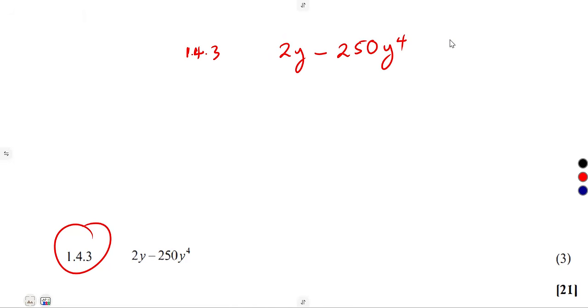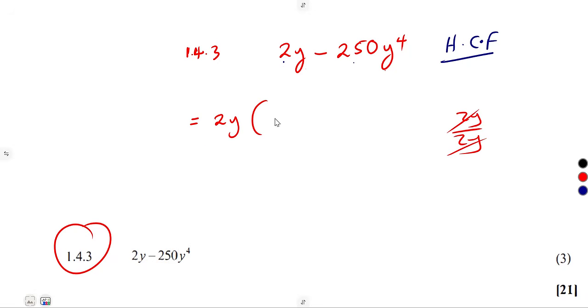So what can we do? Let's look for the highest common factor. The golden rule: always factor out the highest common factor. What is our highest common factor? Between the two numbers 2 and 250, that is the one that we can factor out, guys. 2y and y to the exponent of 4, that's y there. So if we factor out 2y, it is going to be what? 2y over 2y. Our term there is going to give us 1.